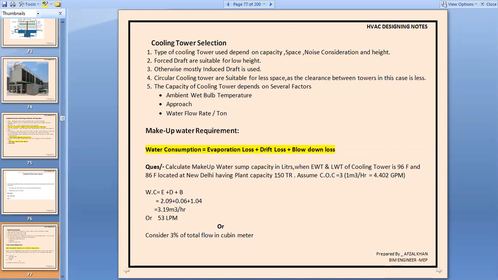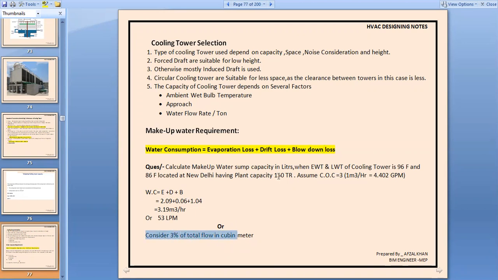Now understood? So this is how you'll calculate the makeup water tank capacity. Only three elements are there: evaporation, drift loss, and blowdown loss. Or there is just a thumb rule that you can consider 3% of the total flow rate.